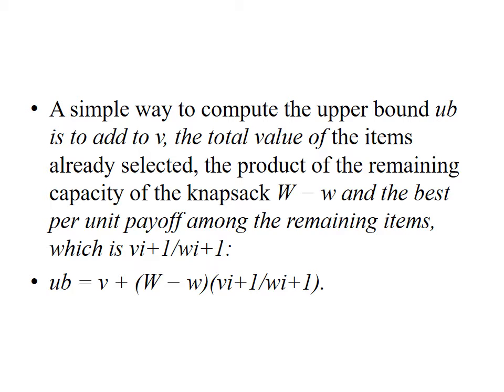Here V is the total value of the items already selected, added with the product of the remaining knapsack capacity capital W minus small w and the best per unit payoff among the remaining items, which is V(i+1) by W(i+1).